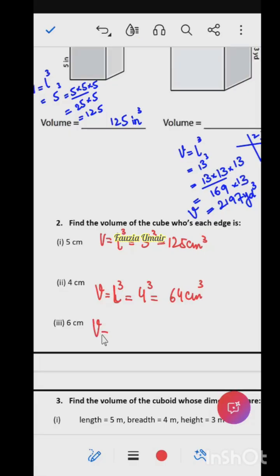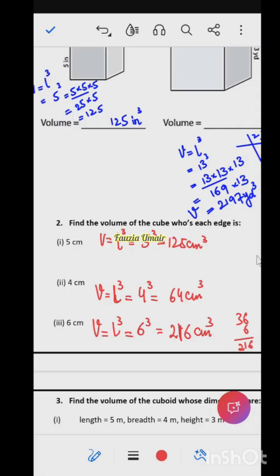Now what is 6 cube? 216. ठीक है? देखो ना, 36 को 6 से मल्टीप्लाई करें तो क्या आता है? 216 आता है. ठीक है बेटे?